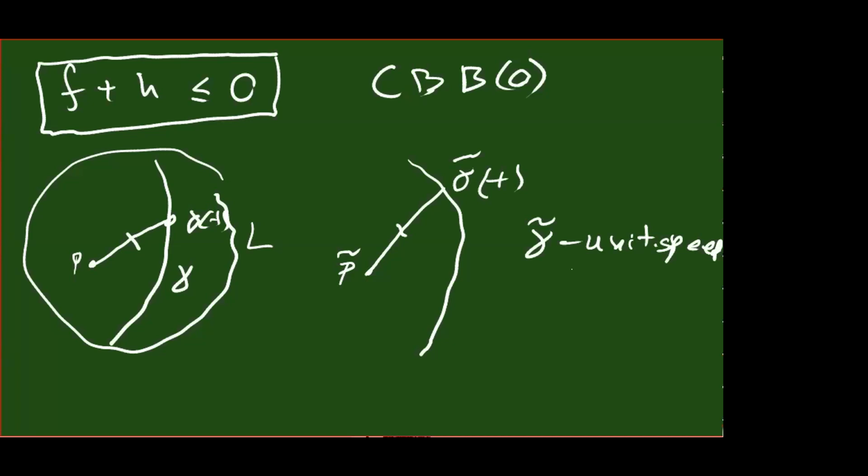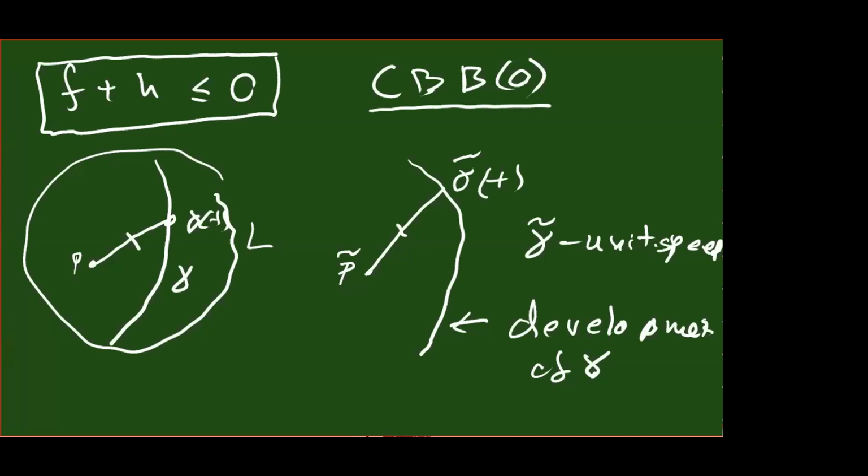Such a curve is called the development of gamma. You can apply it to any unit speed curve in the space. If you apply it to a geodesic in a CBB 0 space, then the development is locally convex.